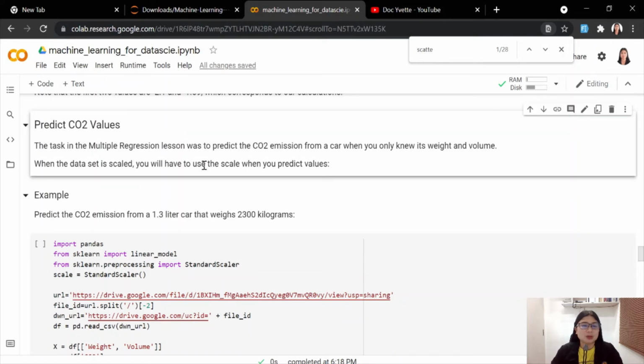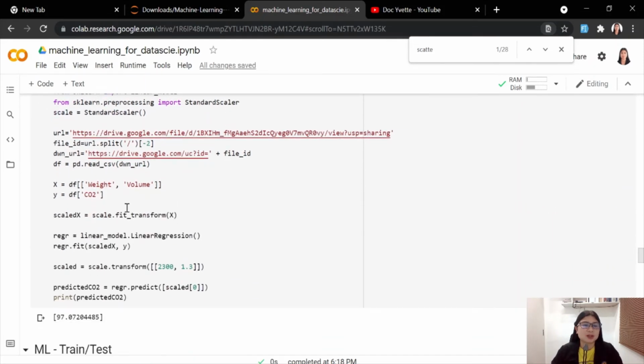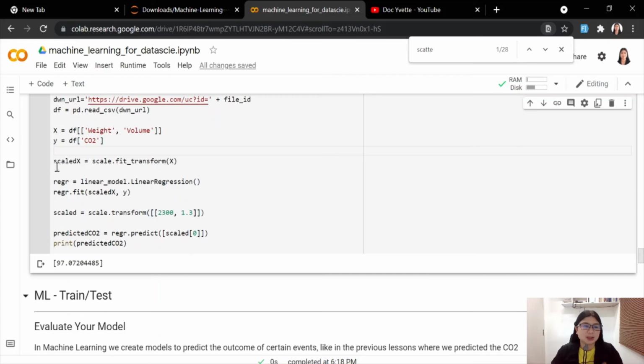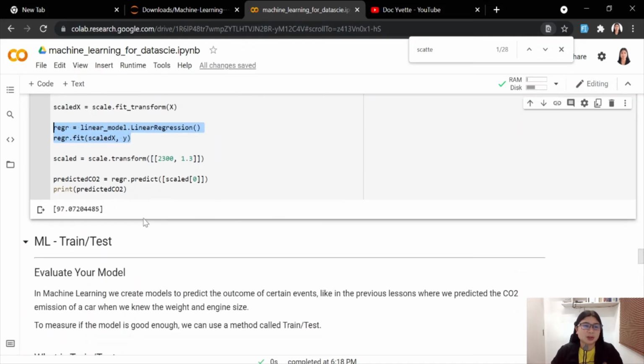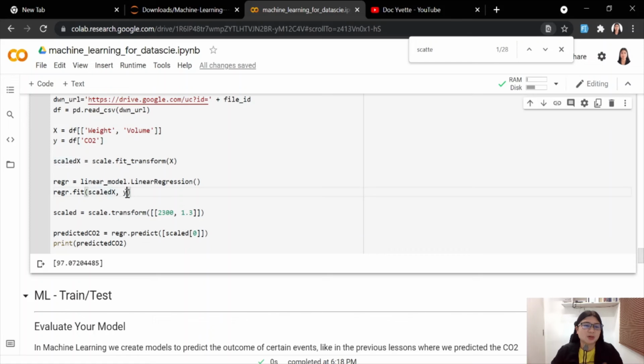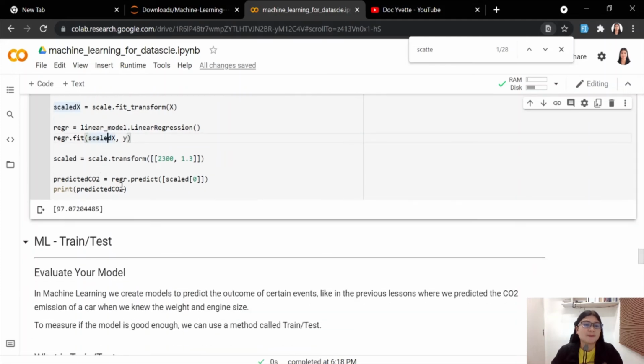But we can use the scaled data to predict the values as well. We already scaled it, and then of course we apply the linear regression, regression.fit(scaledX, y), where this represents the independent variables, which are already scaled, and this the dependent.